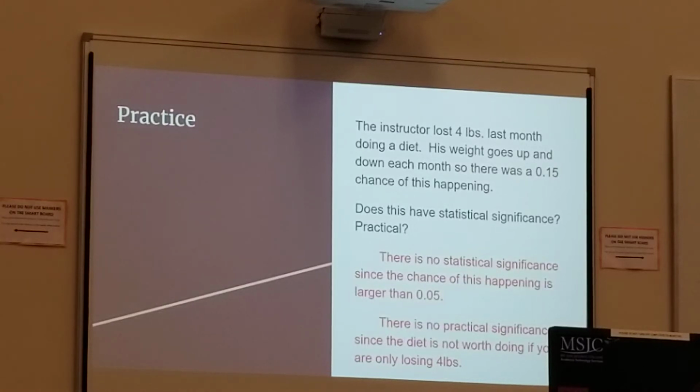But this one especially has to do with the context, which is why we have this lengthy discussion about whether it's significant or not, based on the information given, versus if it was someone else, like a 400-pound person, or someone who just wants to lose a couple pounds each month. This would be significant for them, but in his case, not significant. Any more questions before we move on?